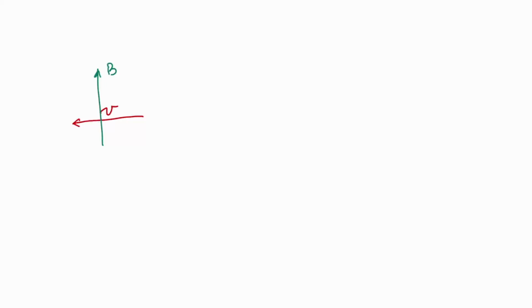And then what do we do with our fingers? They go in the direction of the magnetic field, which would be up. So which way is the palm pointing? In. And how do we indicate in? We do that with an X, right? So the force on this particle would be into the page. It's a positive charge, I said. If it's a negative charge, we flip our answer. And we're done.